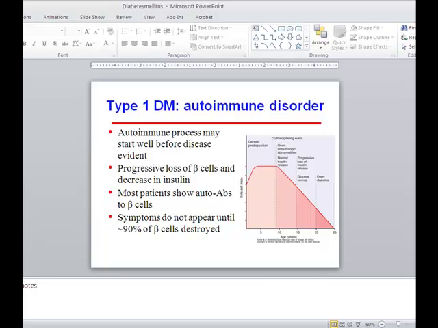These patients, when tested, show autoantibodies to the beta cells. To see symptoms, you need to lose a significant amount, okay? About 90% of the beta cells have to be destroyed before you start seeing very obvious symptoms.